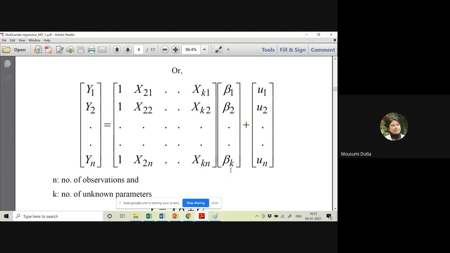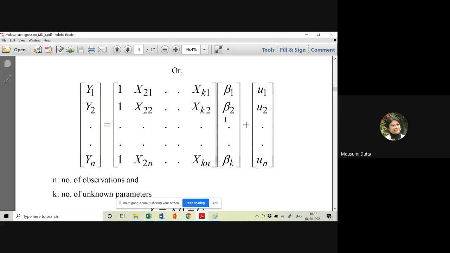So please note down, the order of the beta vector is k by 1, plus this is the error vector. Just like the y vector, it is of order n by 1. N is the number of observations and k is the number of unknown parameters.